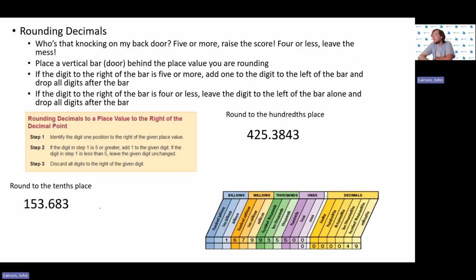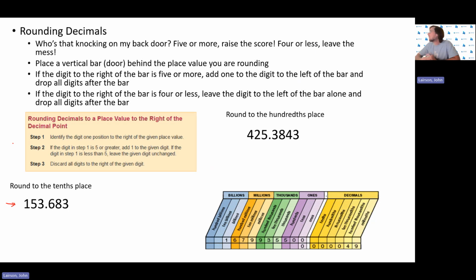Rounding decimals. Okay, so with rounding decimals, I'm going to look at this 153.683 first here. This is also the other main area where you need to know the names.